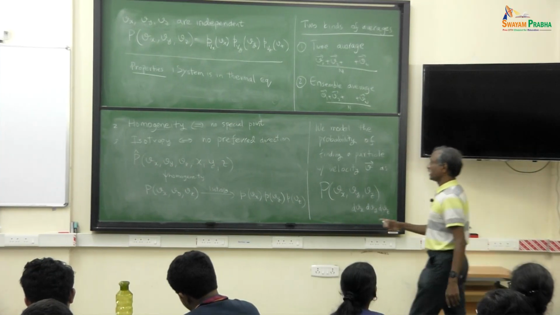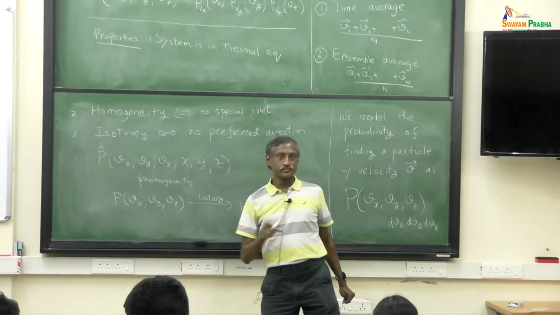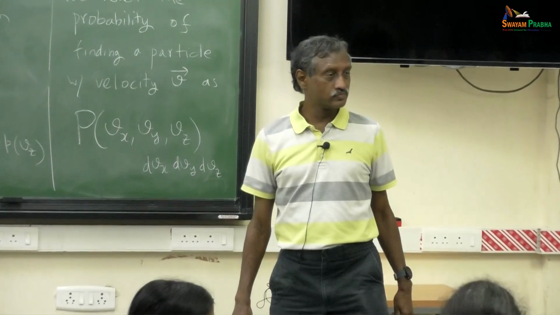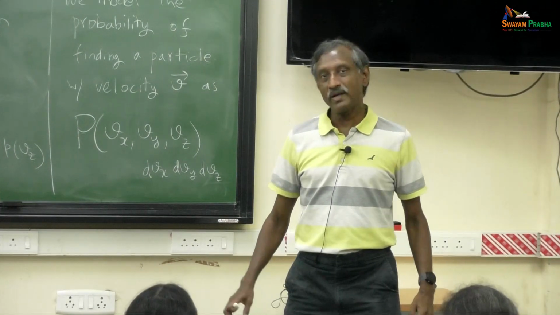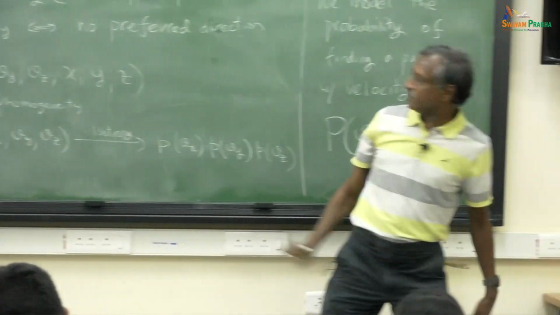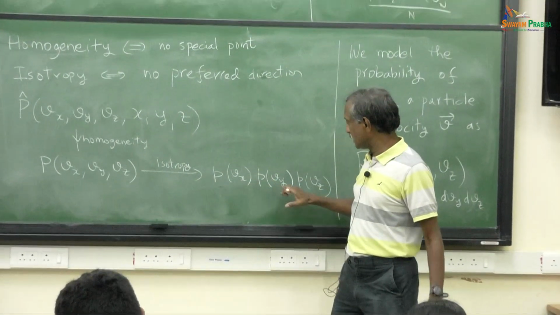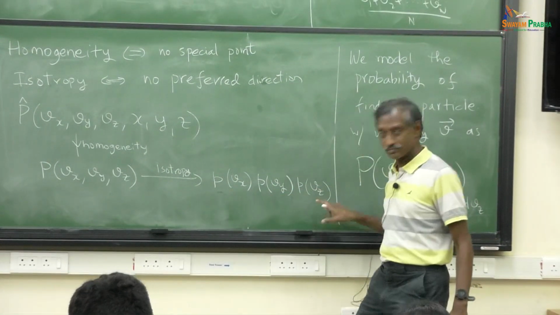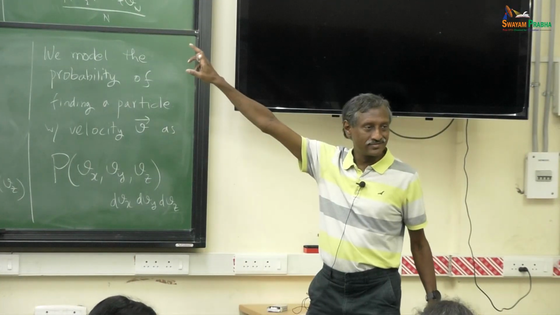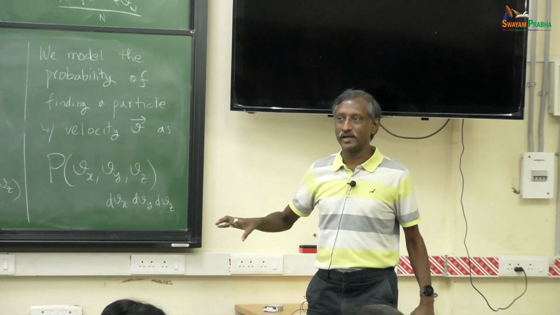So this is what we will get from isotropy. It has to be a product of these. Independence will tell you that, but it won't tell you that I'm writing the same function. There I wrote three functions. So this is what we get.